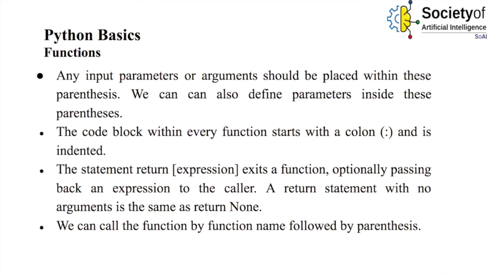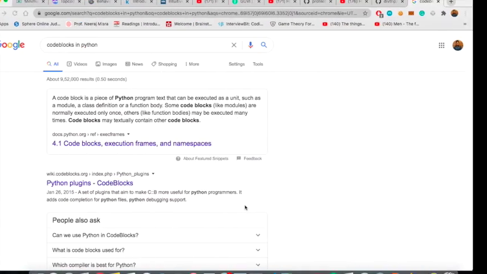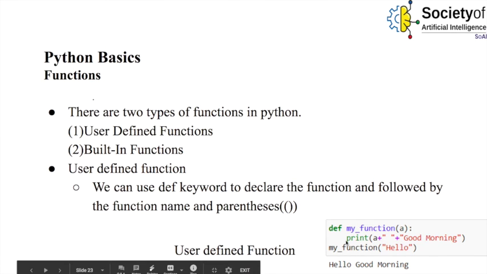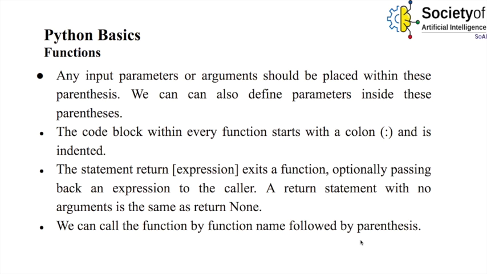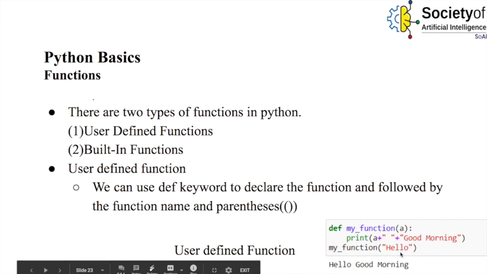We'll see this as we move along in this course. A return statement with no arguments is the same as return None, as we have in this function. Like here we have no return statement, so that means return None. We can call the function by the function name followed by parenthesis. Here is the function name, and these parentheses contain the argument.